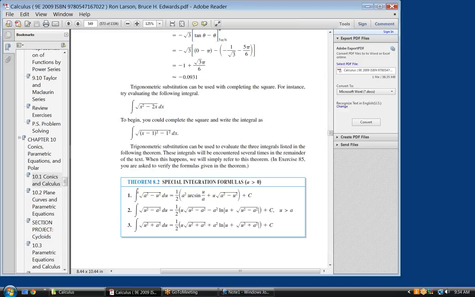So if you had the integral of the square root of 4 minus x squared, then a would be 2, u would be x, and that integral would be equal to this. And you would substitute 2 for a and x for u, and that would be your answer for that integral.